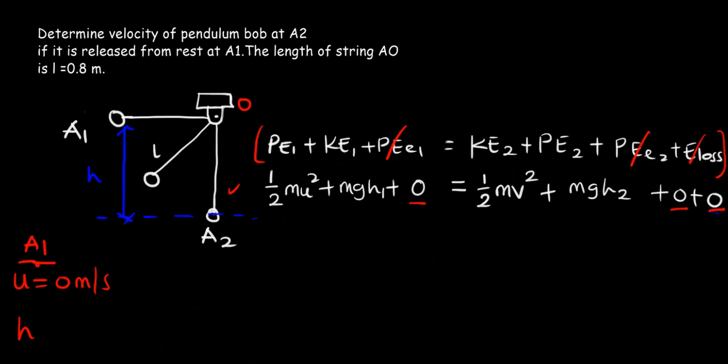This height here will be the same as the length of the string, since the string is not elastic. So H will be the same as L. We know that the length of the string is 0.8 meters, so at position A1, the height will also be 0.8 meters.